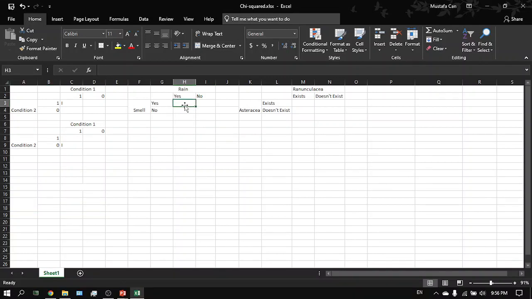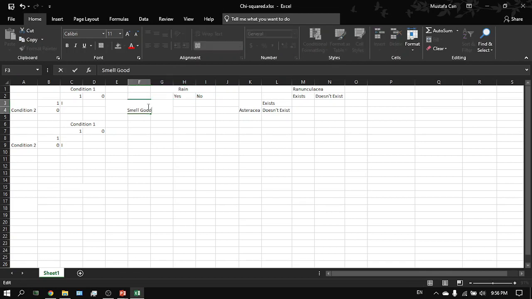Let's give this example. You are doing an experiment, seeing whether on the days that it rains the smell is good or not. So did it rain, yes or no? Did it smell good, yes or no?